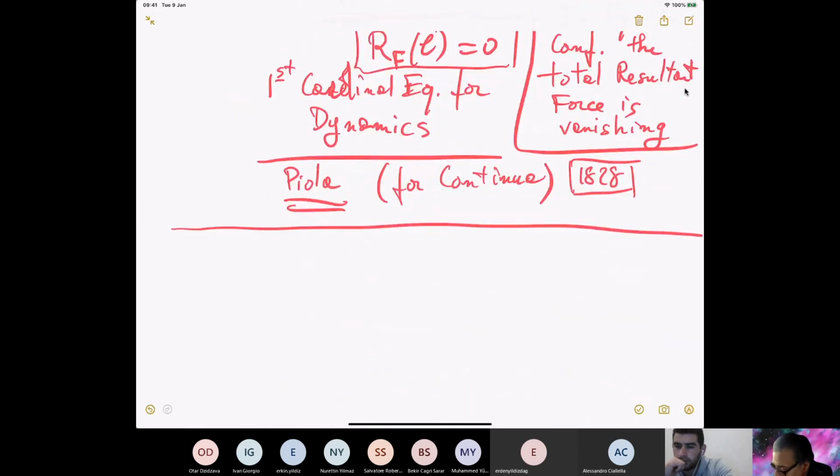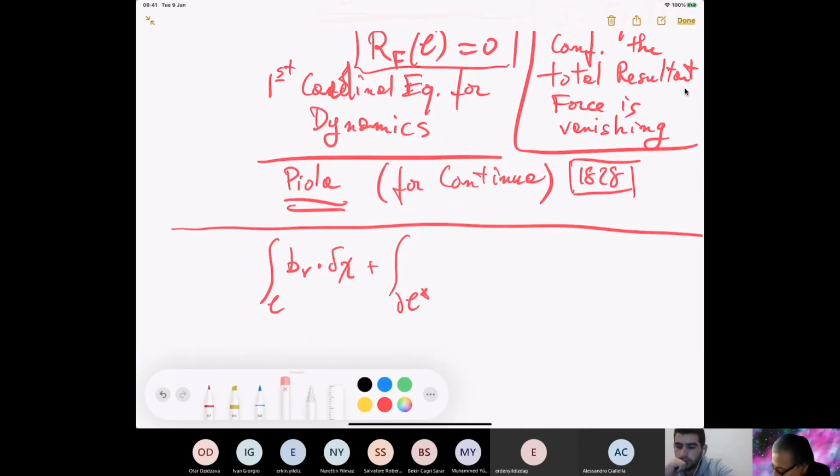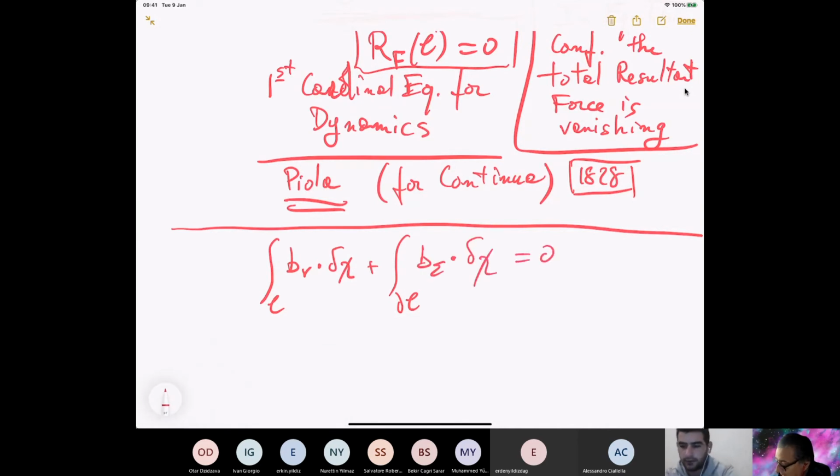Now we have, therefore, integral of B volume dot delta K plus integral on the boundary of C of B sigma dot delta K is 0 for every delta K equal to delta theta vector x minus x0.